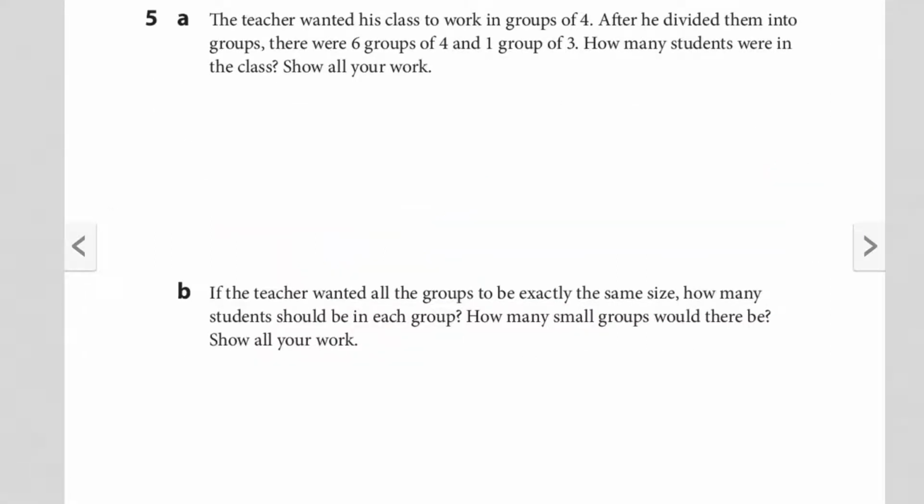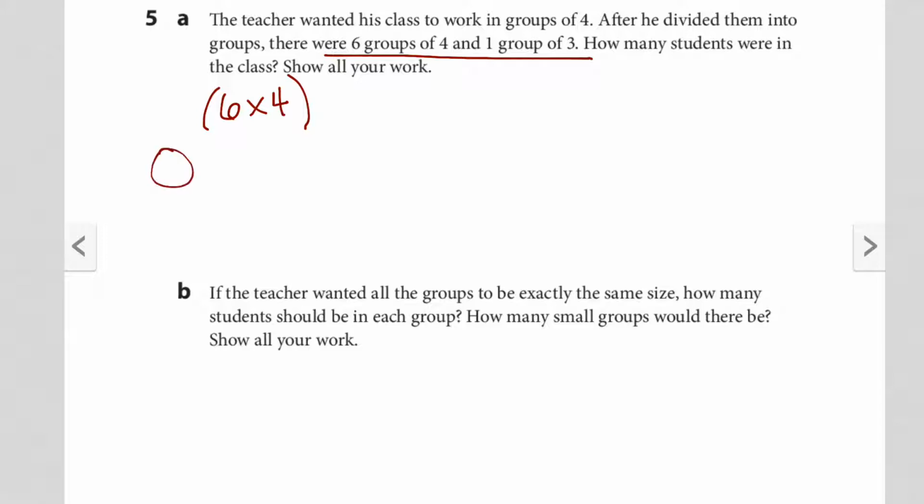Looking at number 5A, it says the teacher wanted his class to work in groups of 4. After he divided them into groups, there were 6 groups of 4 and 1 group of 3. How many students were in the class? You could either draw this out with pictures or write it out with numbers. With numbers, I would say there are 6 groups of 4.